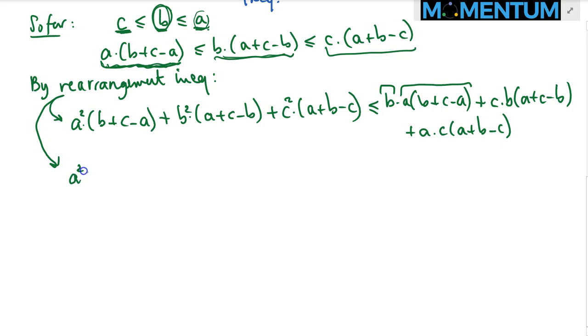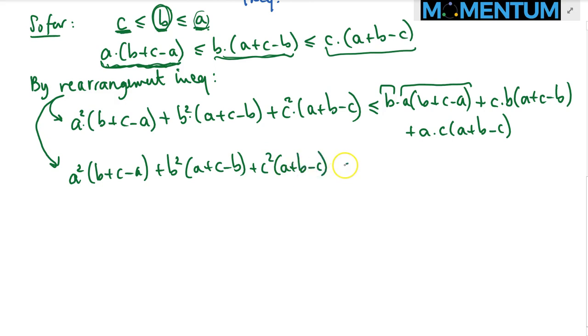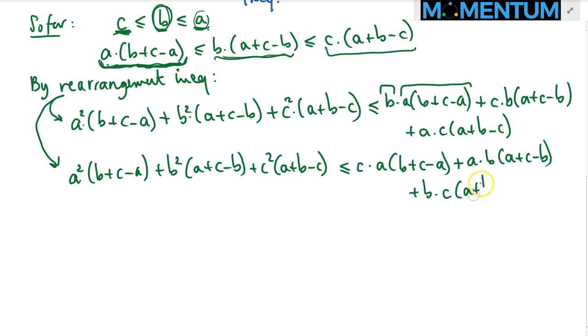The left hand side won't change, so we still have A squared times B plus C minus A, plus B squared times A plus C minus B, plus C squared times A plus B minus C. And that's again less than or equal to, this time the smallest element I will multiply with C, so C times A plus C minus B, then A times A plus C minus B, and finally B times A plus B minus C. And that's it. We will just go ahead and add both of these inequalities.